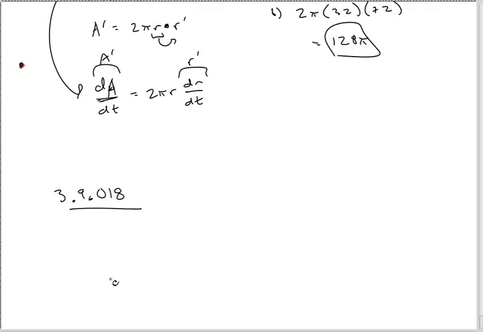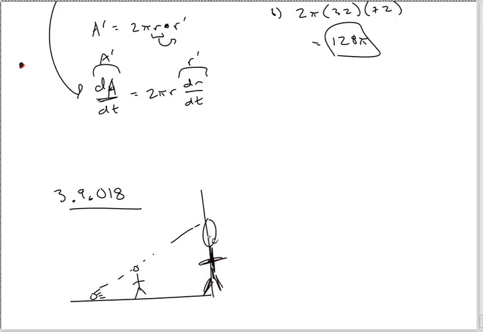So, next question. This is actually a pretty classic question. There's another one just like it in just a few minutes. We have a spotlight on the floor, and then we have a man standing in front of it, and the spotlight is going to hit him and cast a shadow onto the wall. So that's the shadow on the wall.